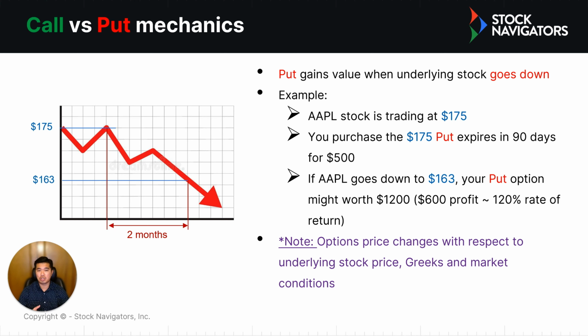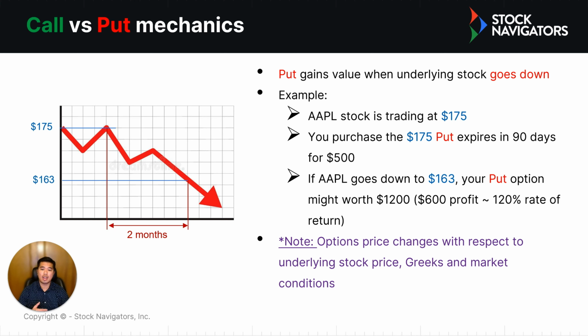Then you can purchase a put at the money, meaning you purchase the put at a $175 strike price, same as the stock trading price, expiring 90 days from now, for $500. That is the cost, or the premium, that you have to pay out of pocket to purchase the put option.